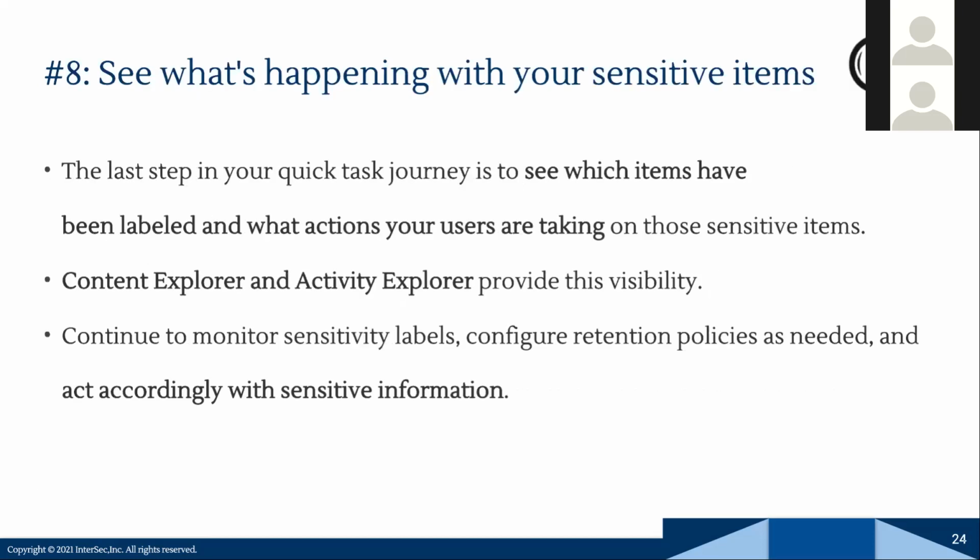After all those tasks, you want to see what's happening with your sensitive items. Once you've accomplished what's on this checklist that we've gone through, it's another process of taking a step back and taking a moment to see where you stand. You have to see which items in your organization have been labeled, what actions your users are taking on those sensitive items, what your admins are doing, what permissions are being managed.